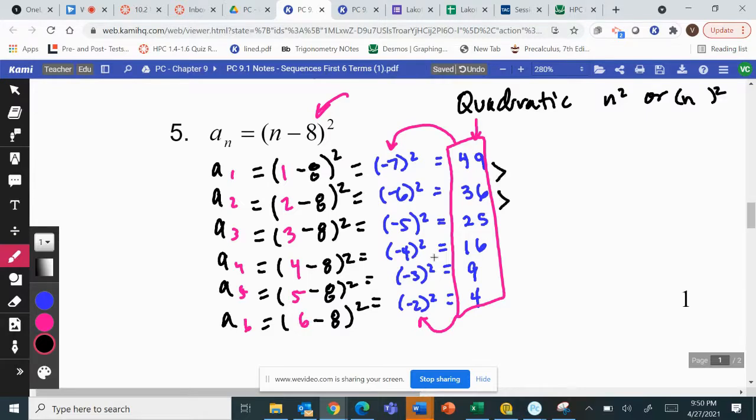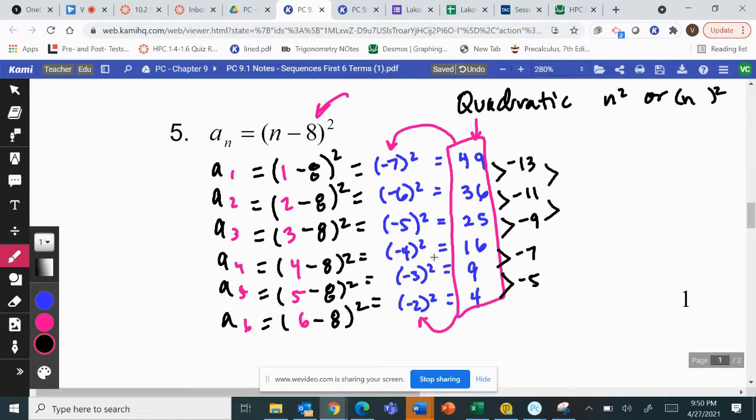And then if you did not recognize that and you wanted to look at differences, oops, that's not plus. That would be take away, what is it, 13, take away 11, take away 9, take away 7, take away 5.